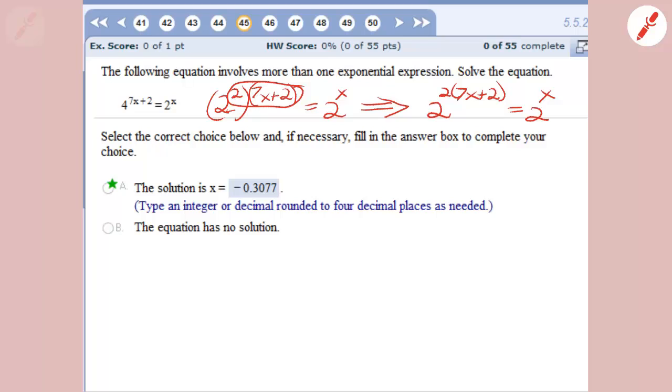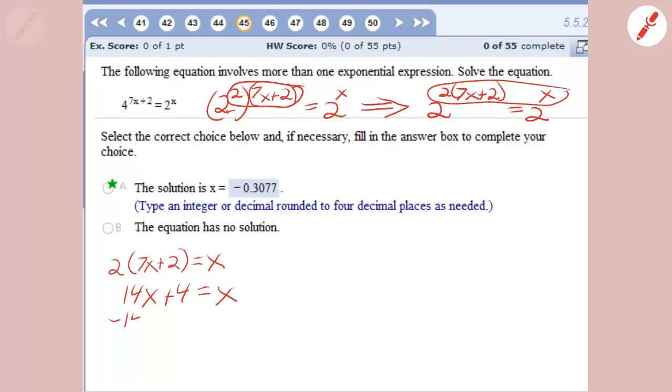And since this is a one-to-one function, we know that the exponents will equal each other. So here's my equation. 2 times 7x plus 2 equals x. So 14x plus 4 equals x.